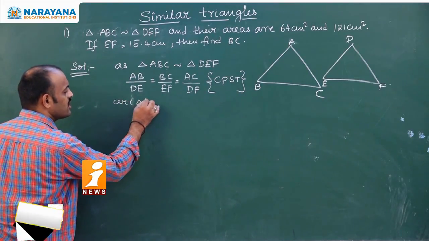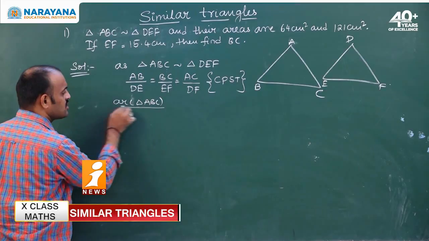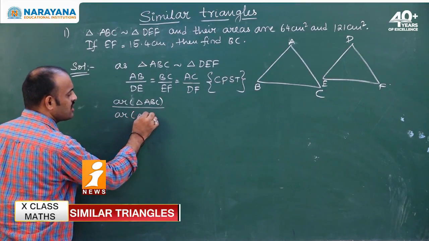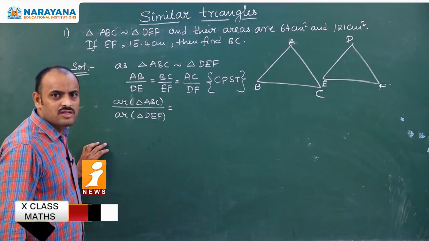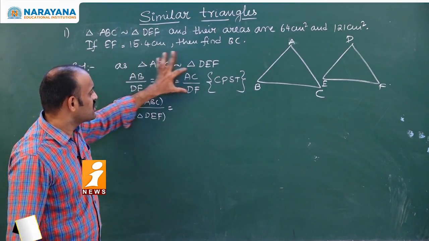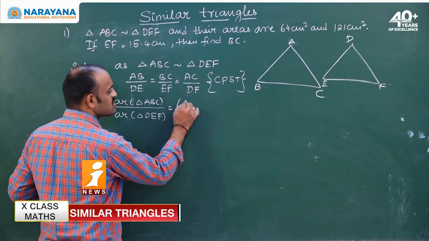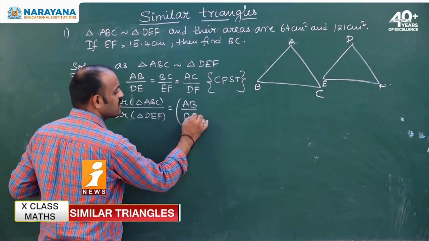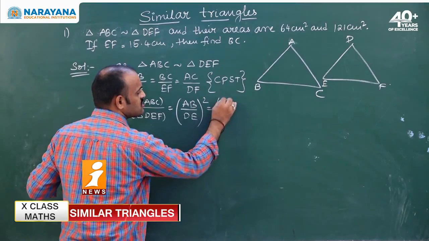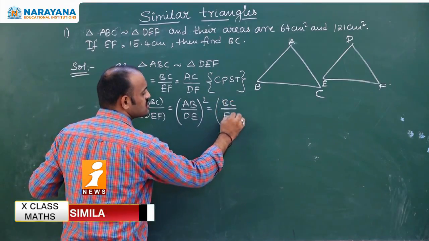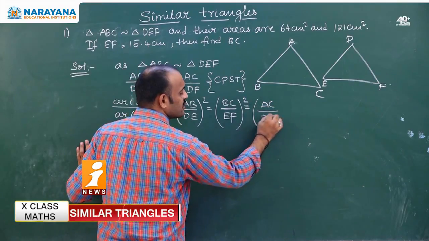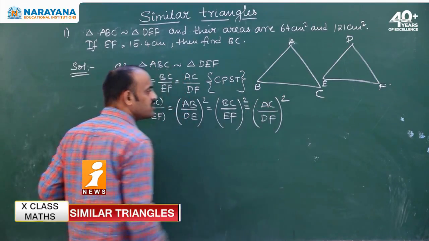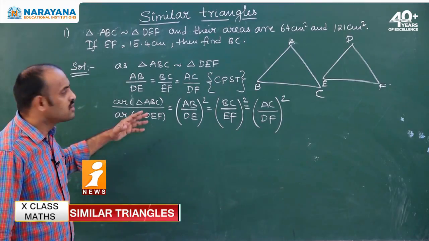That means area of triangle ABC by area of triangle DEF is equal to the square of the ratio of the corresponding sides. So, AB by DE whole square is equal to BC by EF whole square is equal to AC by DF whole square, according to the theorem we have done earlier.